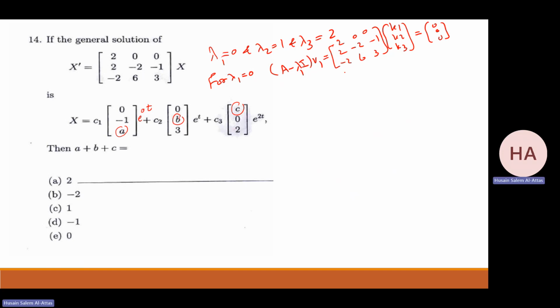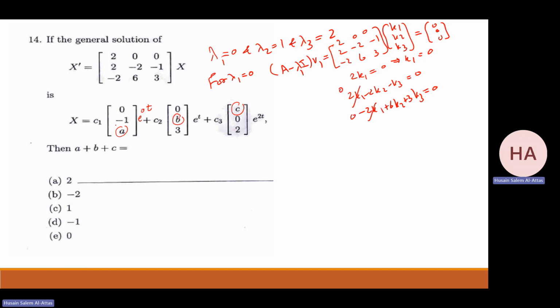One trick to do: you have 2K1 equals 0, so K1 equals 0. And you have 2K1 minus 2K2 minus K3 equals 0, and minus 2K1 plus 6K2 plus 3K3 equals 0. Okay, K1 here is 0, so this is 0, this is 0, gone.